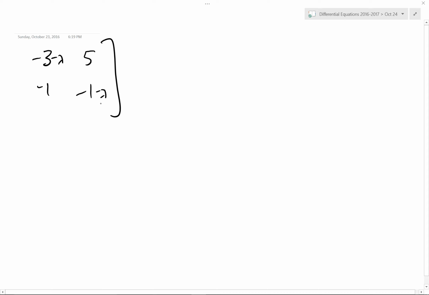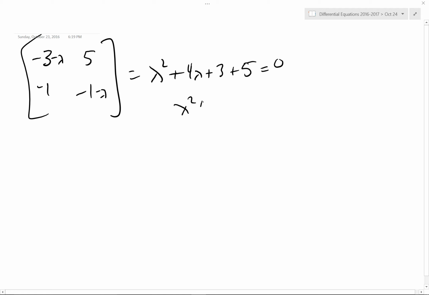So it's going to be lambda squared plus 4 lambda plus 4, plus 3 rather, plus 5. So that's lambda squared plus 4 lambda plus 8. Hey, I've seen that before. So lambda is negative 2 plus or minus 2i.